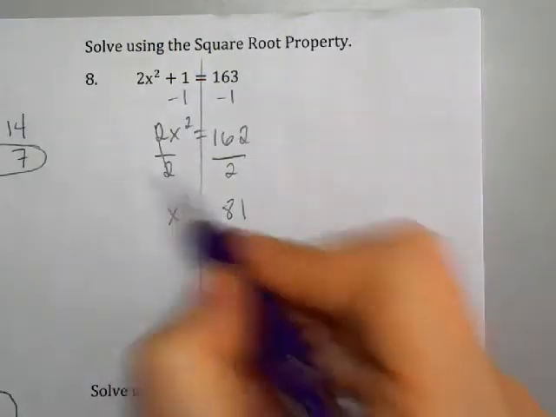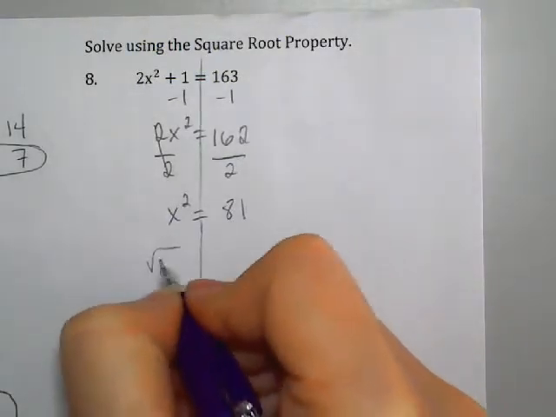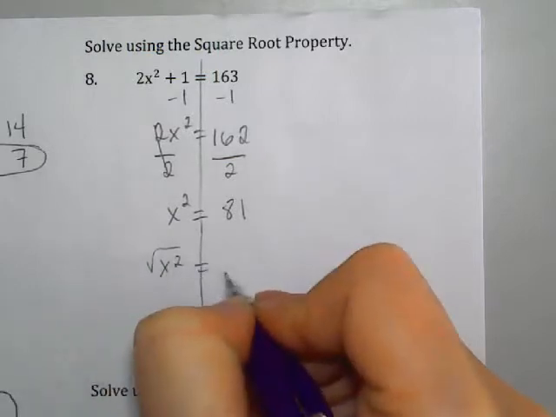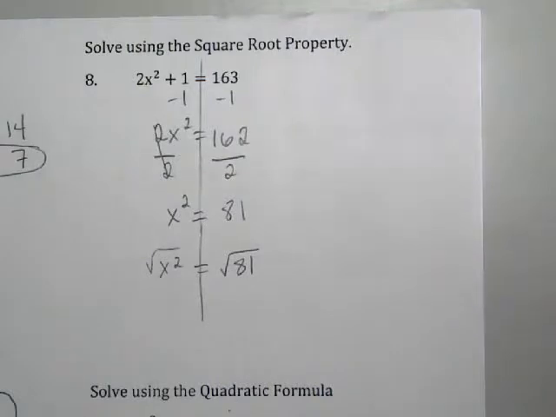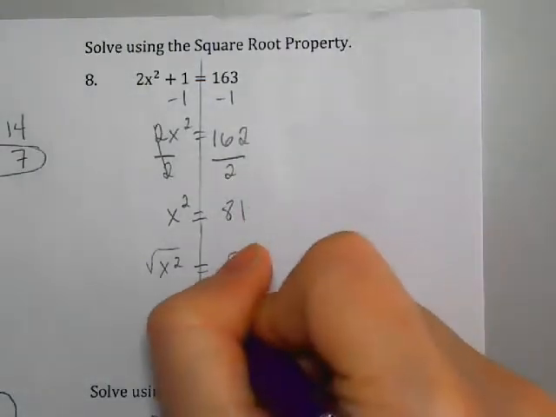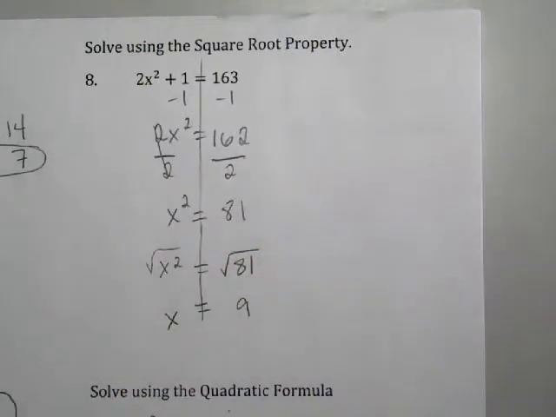And now, because my x squared is totally by itself, this is where I square root. So what is the square root of 81? Is that my only answer?